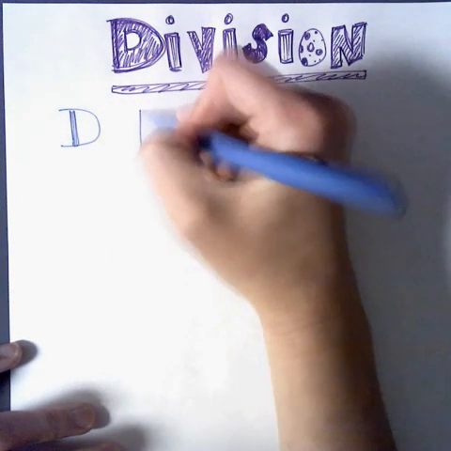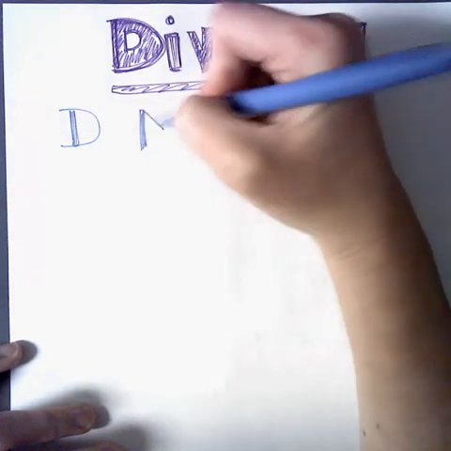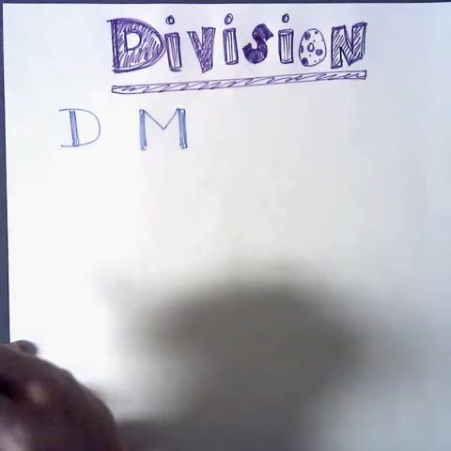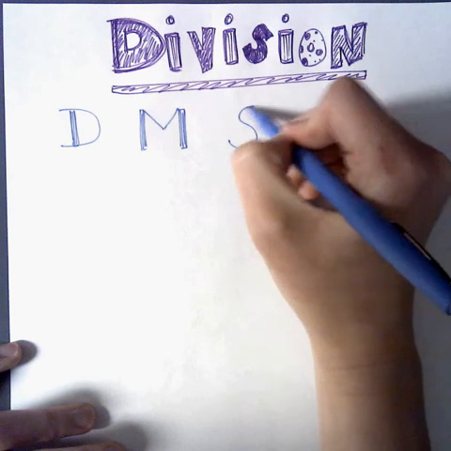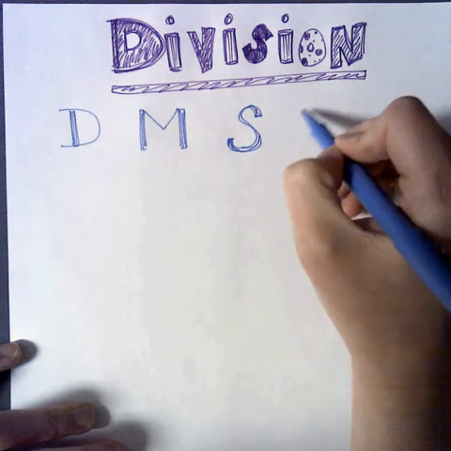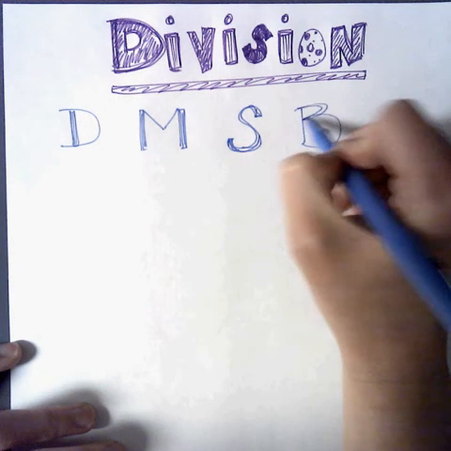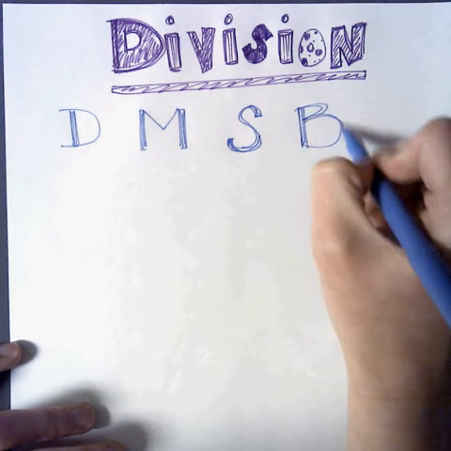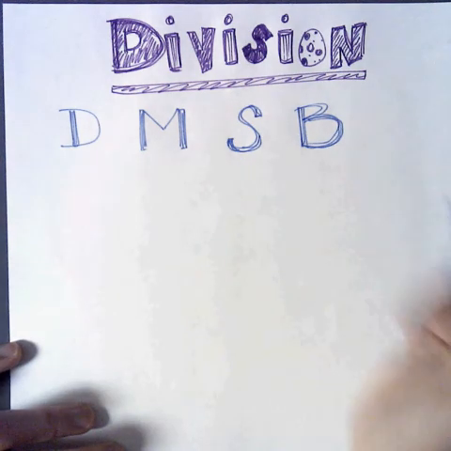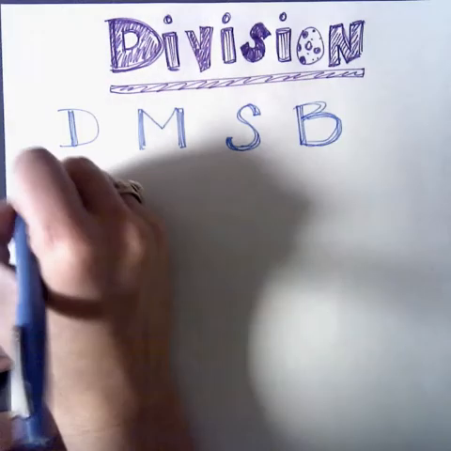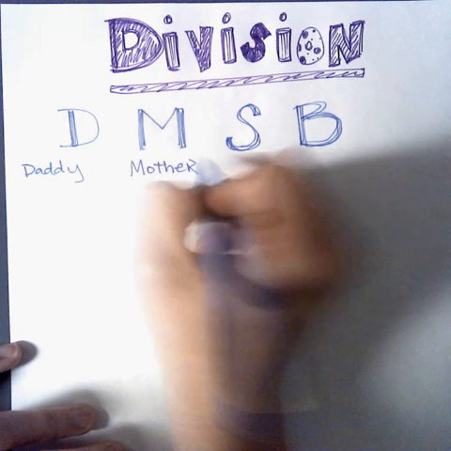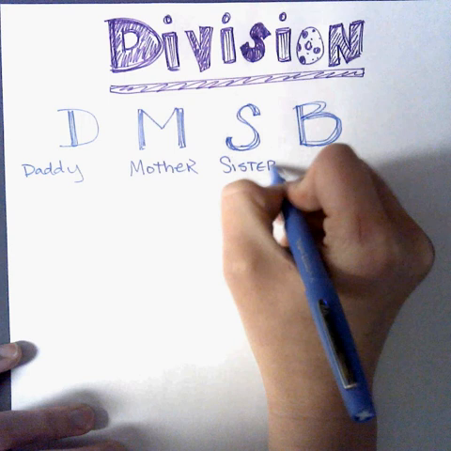Okay, D, M, S, B. Okay, so we have DMSB, and that is going to stand for Daddy, Mother, Sister, Brother.